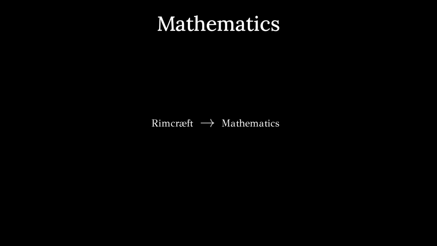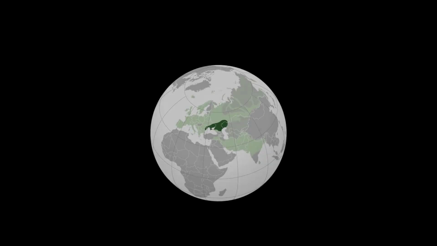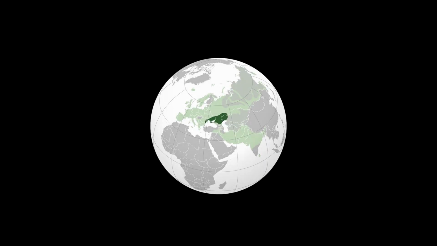Now let's move on to the basics in maths, starting with the numbers. The English words for numbers from 1 to 10 can be traced back to the oldest ancestor of English, which is the Proto-Indo-European language. This is a language which used to be spoken around 6,000 years ago somewhere near modern-day Ukraine, and it spread out all the way from Europe to India.